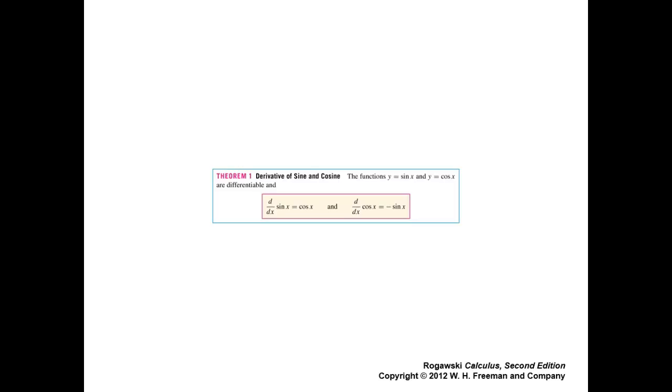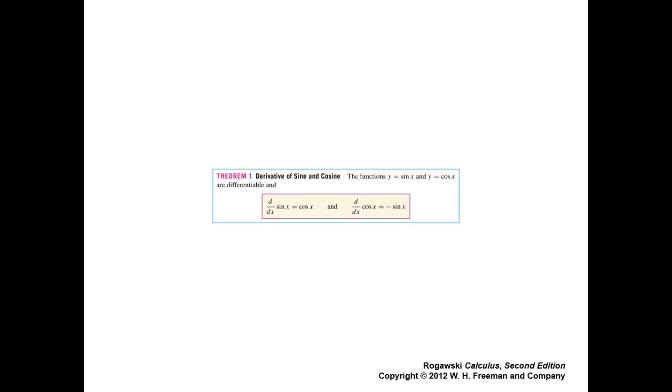And here's a little convention that we use in calculus. Angles are always measured in radians. In calculus, we measure them in radians unless they're indicated as degrees.